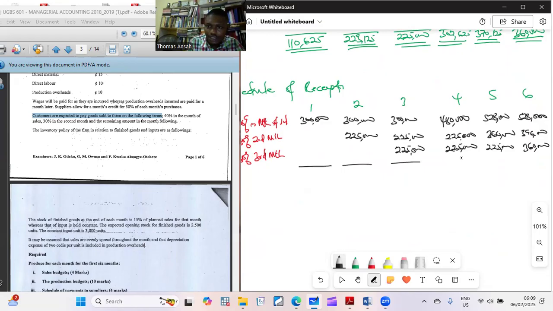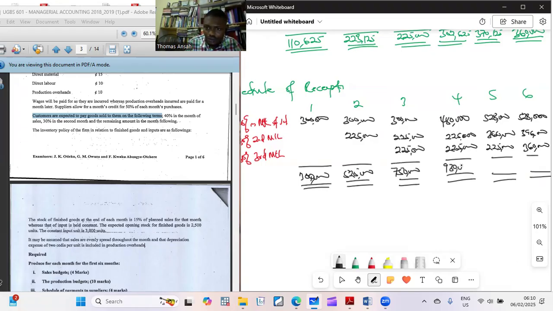So balance it and get the marks that are associated with that. So here is 300. Next 525. Next 750. 930. 1,113.